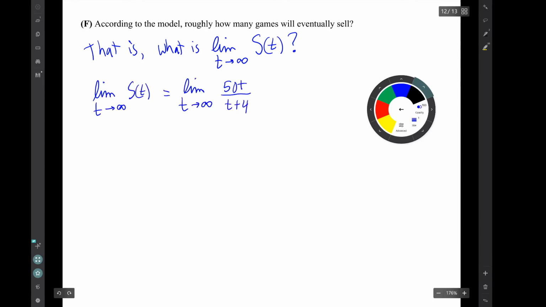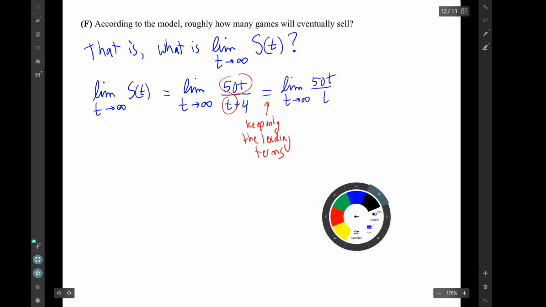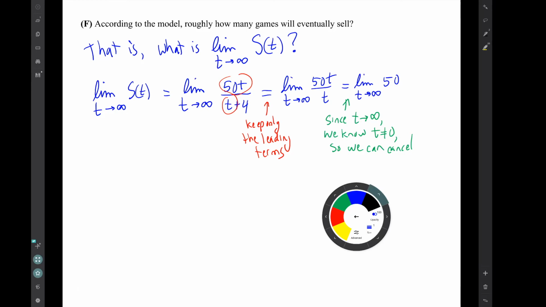Now remember how we do these limits. We keep only the dominant terms. We only keep the leading terms in the numerator and the denominator. So we identify those leading terms. So we kept only the leading terms. We took their limit.